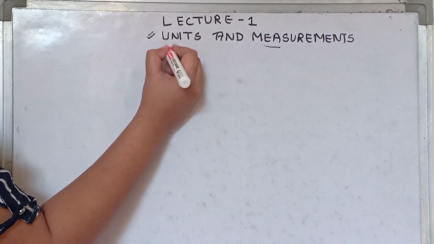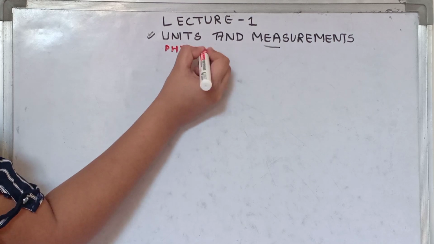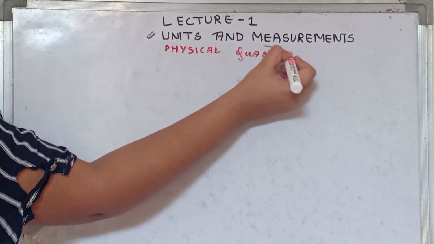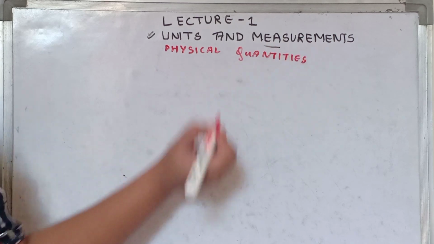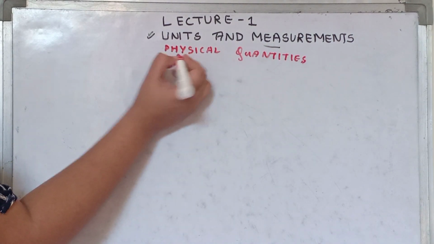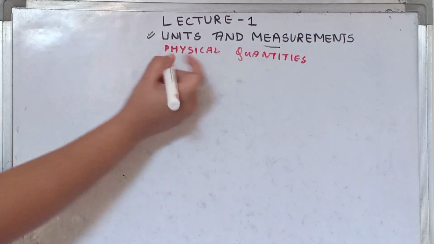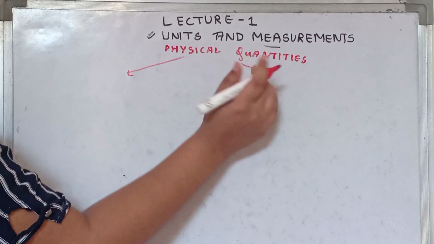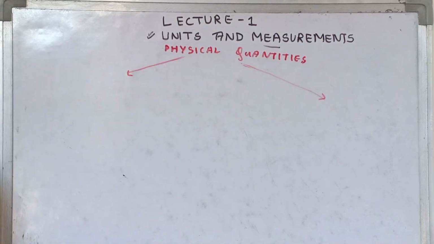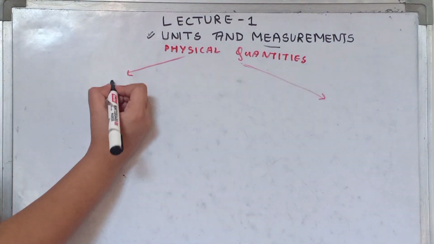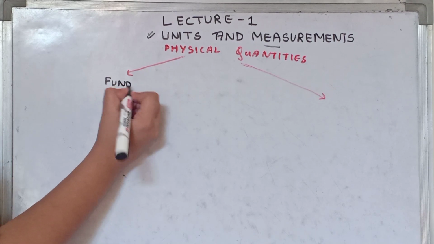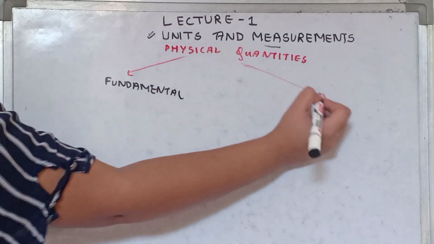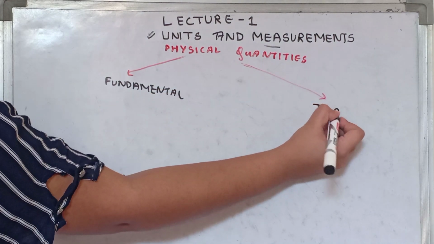So we have physical quantities of two types. Here we have fundamental, and here we have derived.